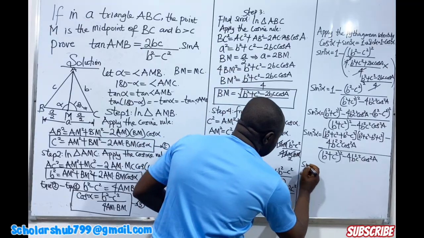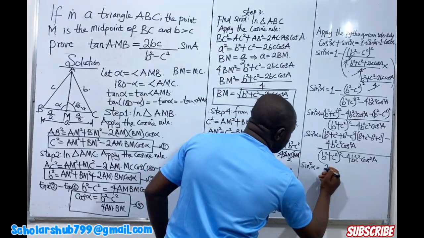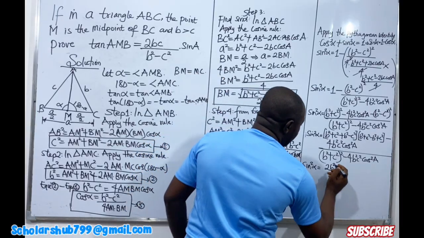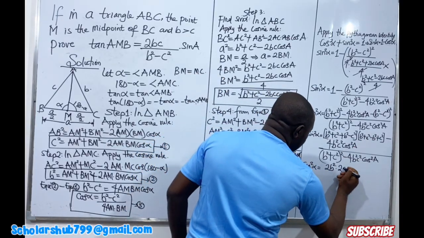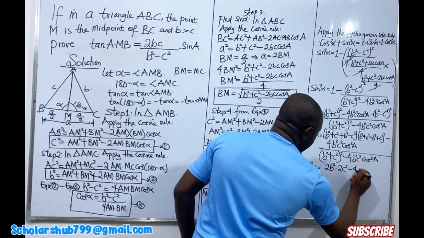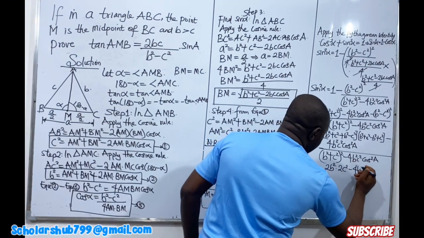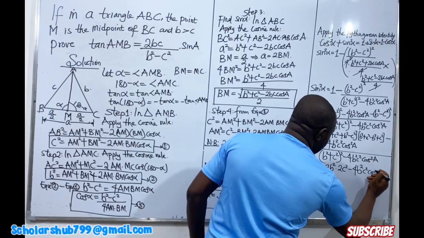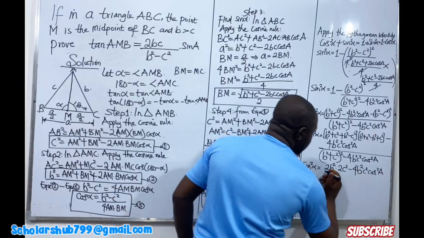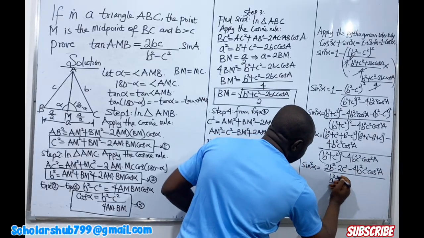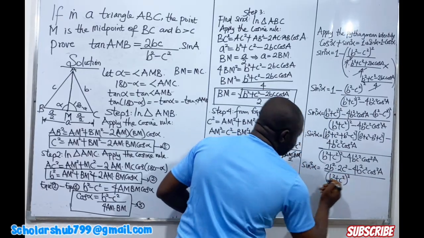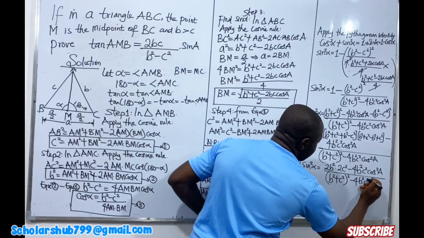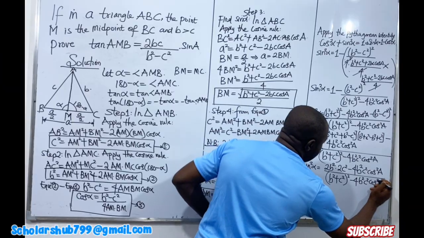So sine squared alpha is 2b squared multiplied by 2c squared minus 4b squared c squared cos squared a divided by b squared plus c squared raised to the power of 2 minus 4b squared c squared cos squared a.